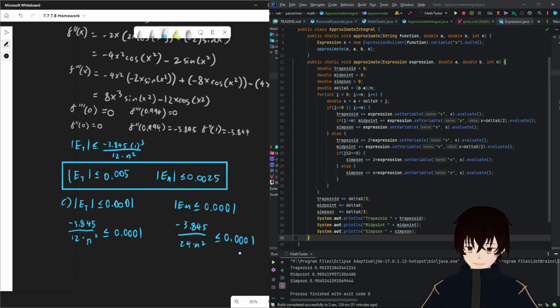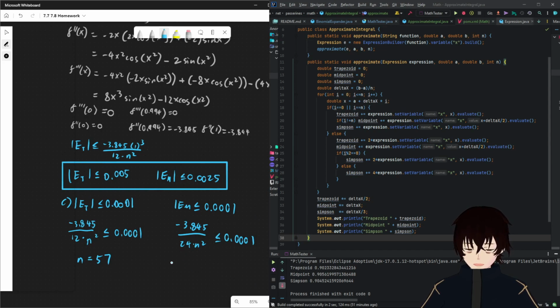Calculated that and square root it. You get n is 57 at least.